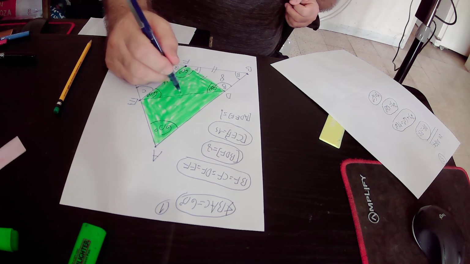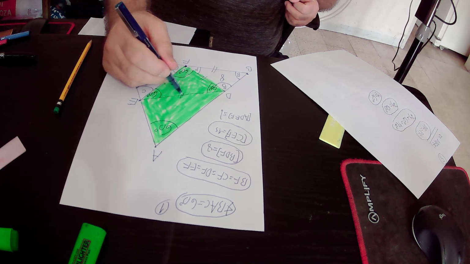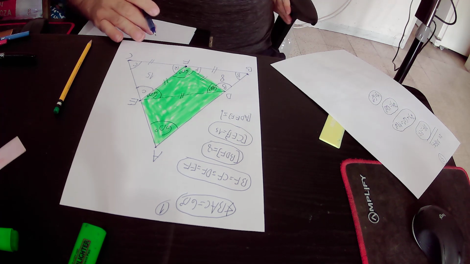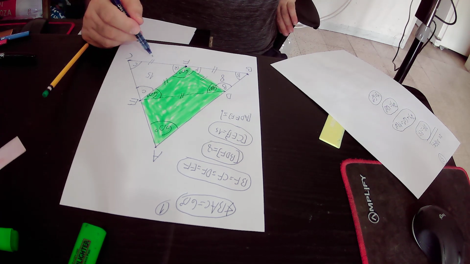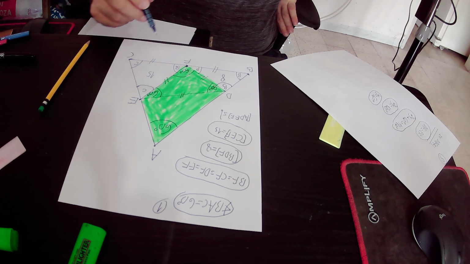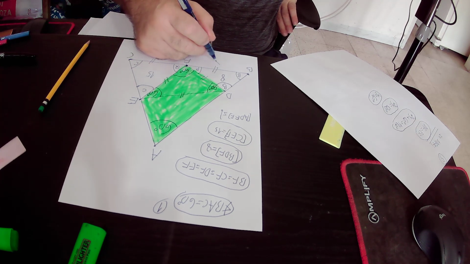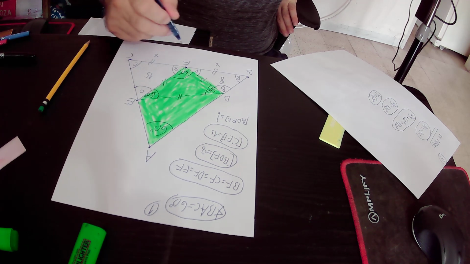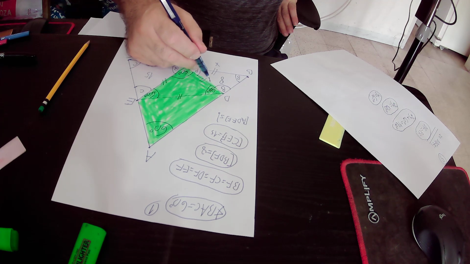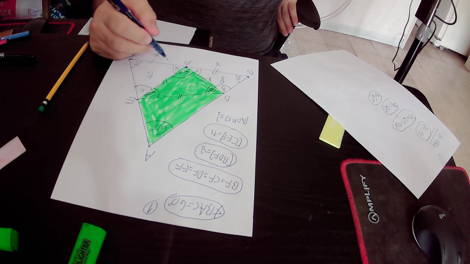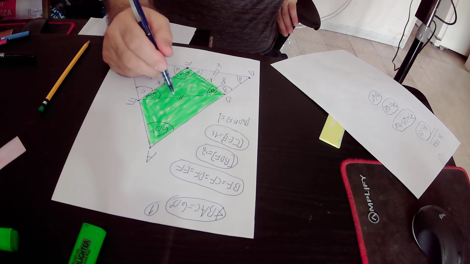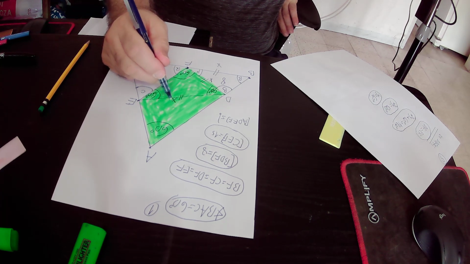So side DE equals side FE equals side DF. All the sides that I marked with two lines like that are equal to each other. So if BF equals X, then FC also equals X, and DF also equals X, and FE also equals X, and DE also equals X. Okay?